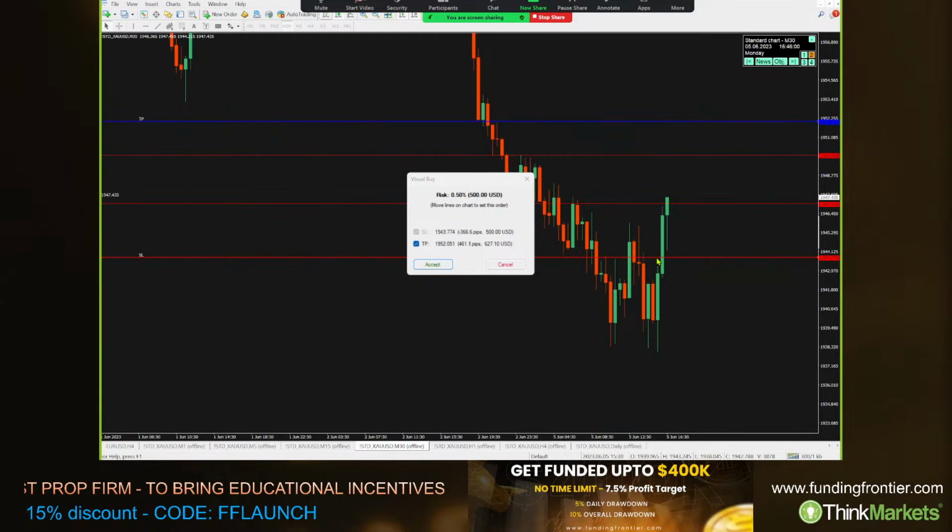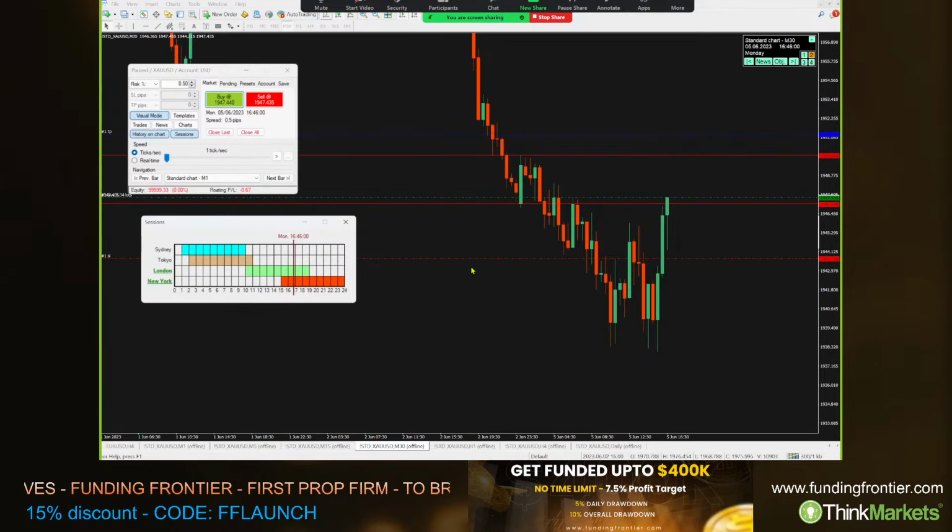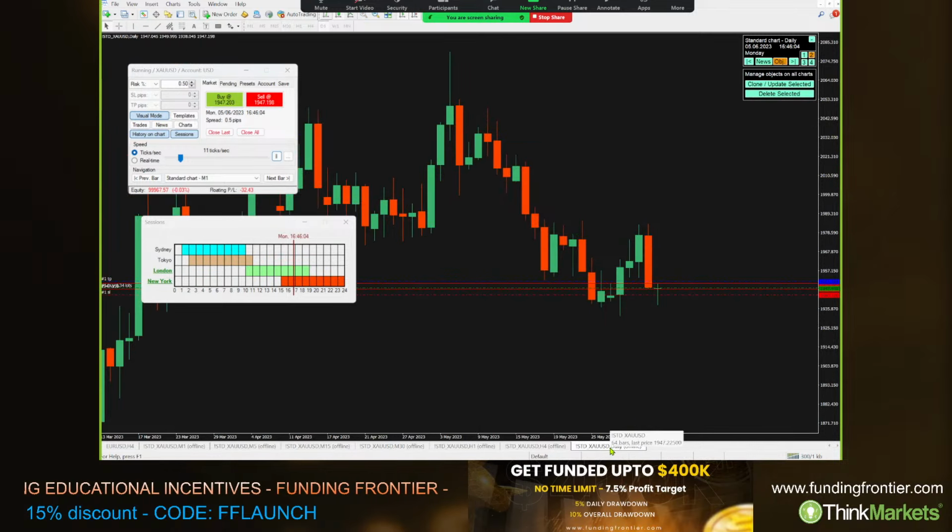We'll give it a little bit of room. So stop loss is about 35 pips, and my take profit, let's put it at 35 pips, 1-to-1. So let's see. Yeah, the daily candle is flipping bullish now. So this is a relief.